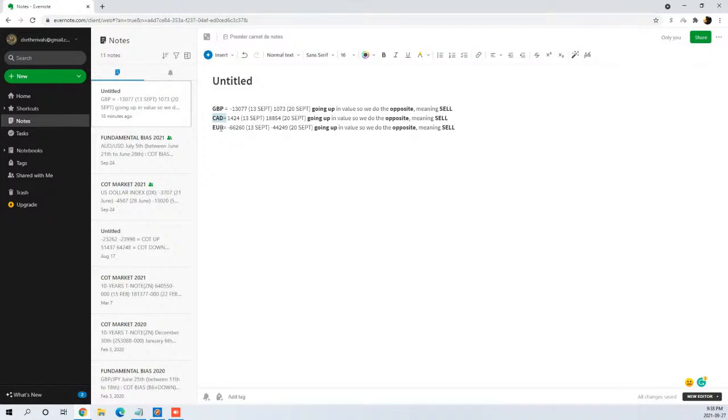Those are the top three movers for the week. Our bias here is to sell anything that is against the euro, the CAD, or the GBP, or if it's against those three currencies, we're looking to buy anything against that, that are not selling.